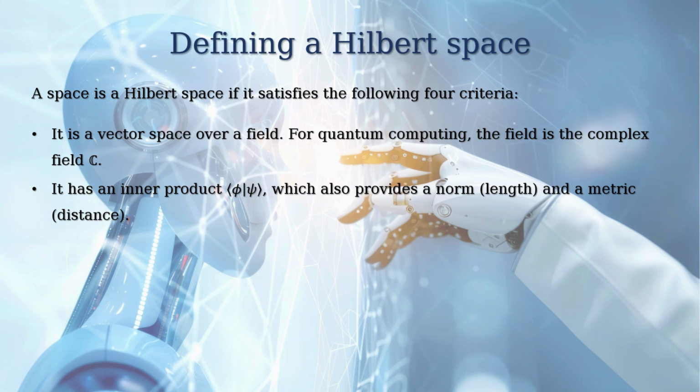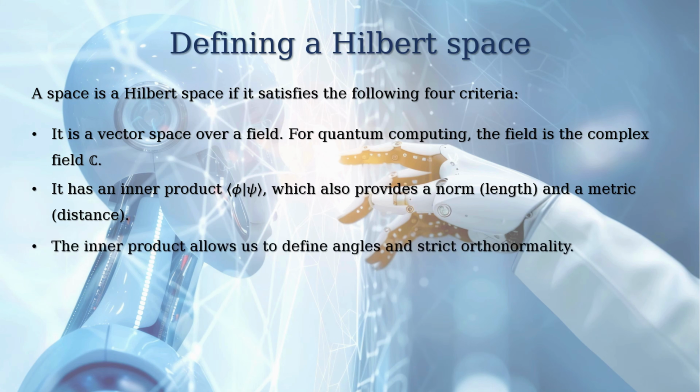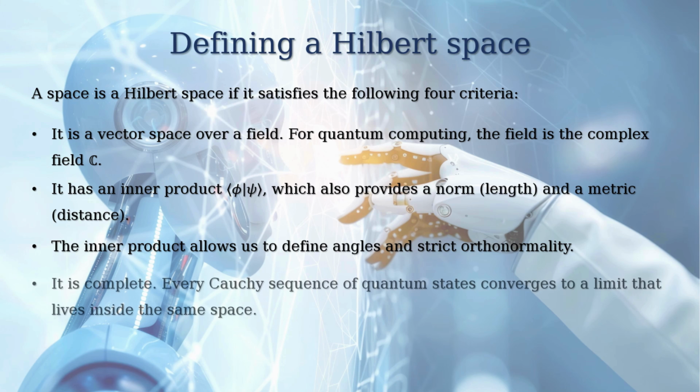Number 2, it has an inner product which also provides a norm and a metric. Number 3, the inner product allows us to define angles and strict orthonormality. And number 4, it is complete. Every Cauchy sequence of quantum states converges to a limit that lives inside the same space.